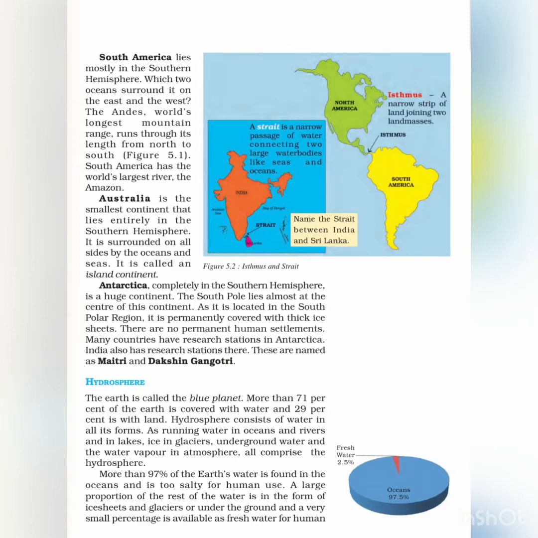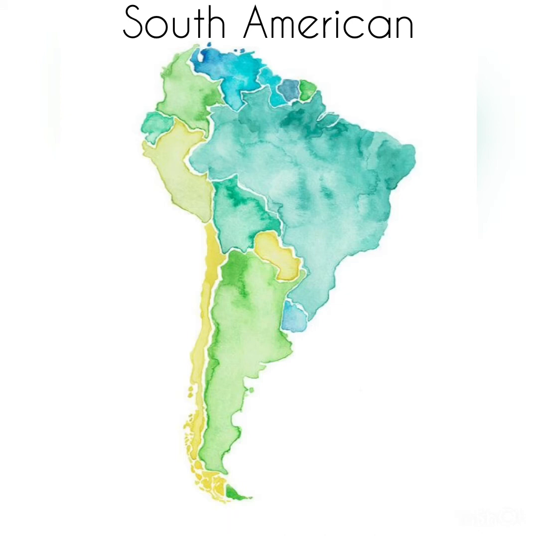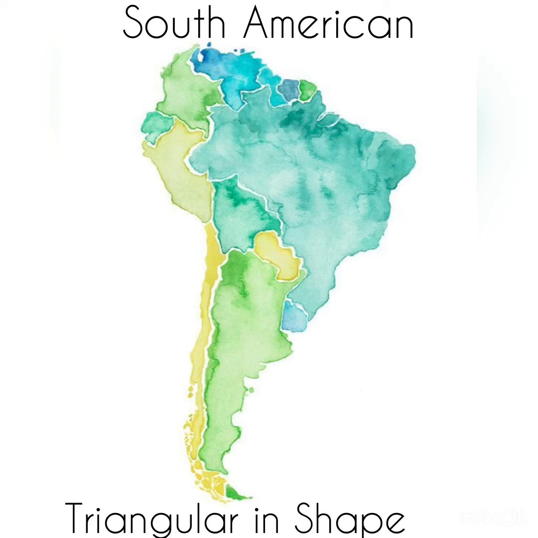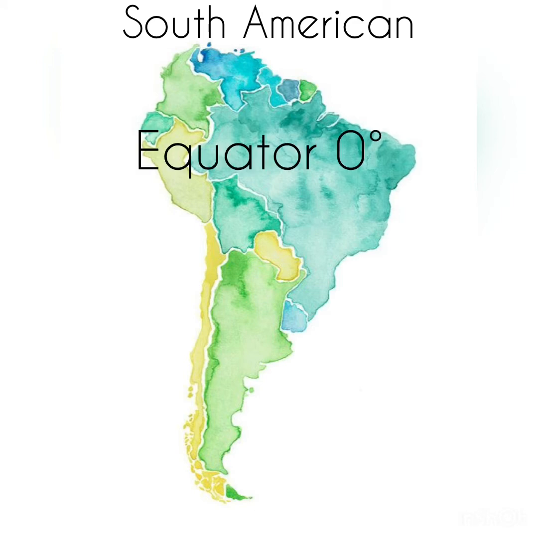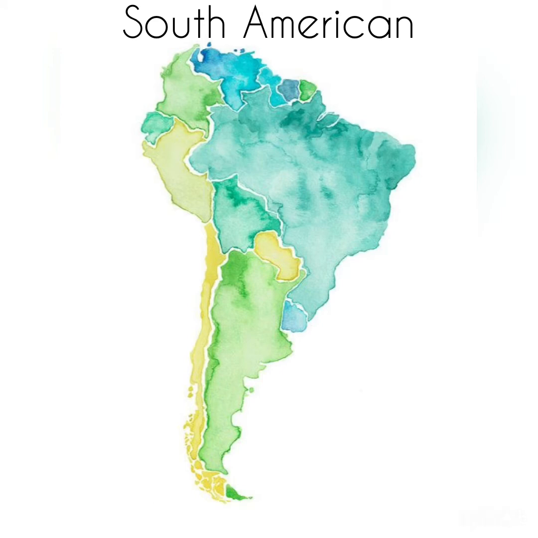Our next continent is South America. South America lies in the southern hemisphere. It is the fourth largest continent and roughly triangular in shape. Equator 0-degree latitude and Tropic of Capricorn 23.5 degrees south pass through this continent.